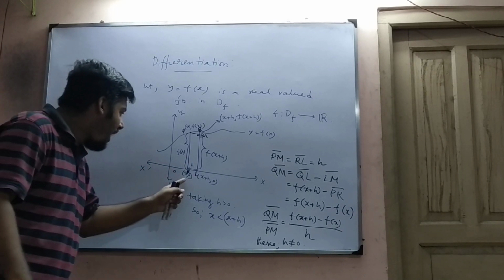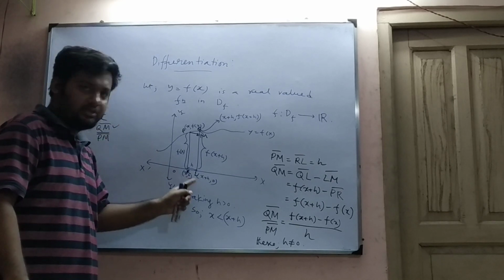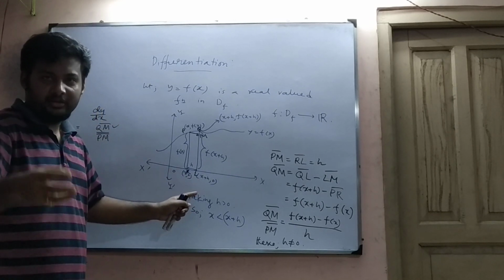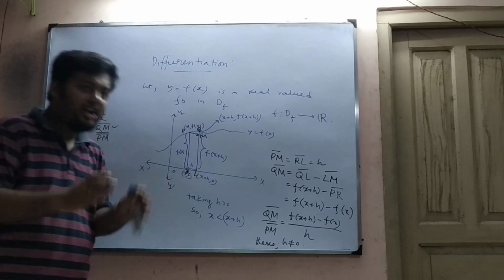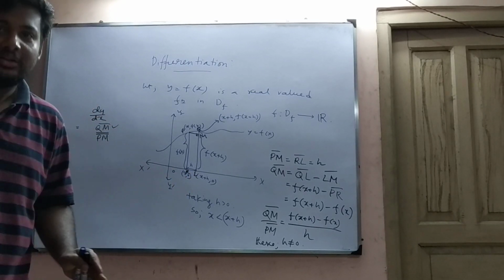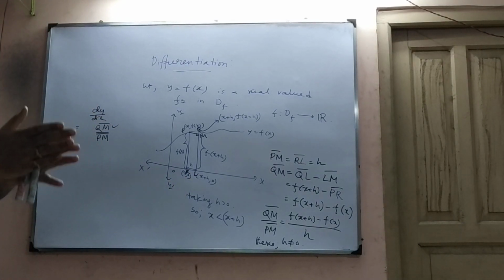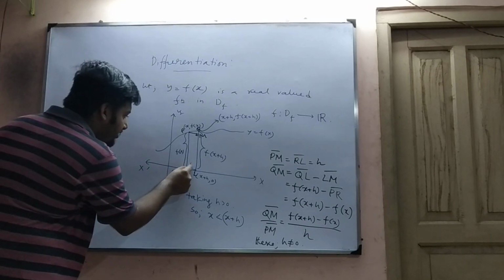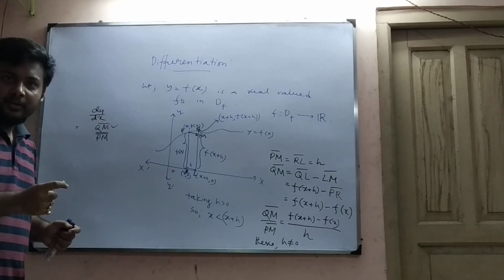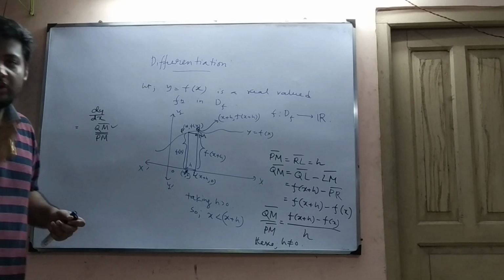That means R and L are not the same point. R and L must be distinct, but they are very close to each other. So h is very small. So h tends to 0.